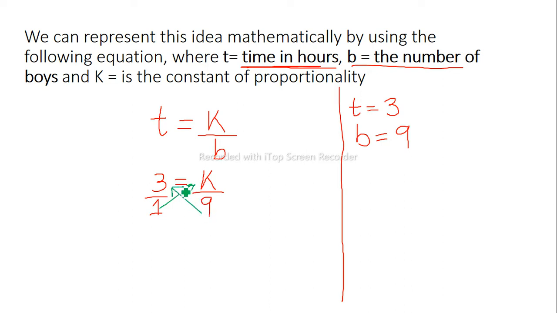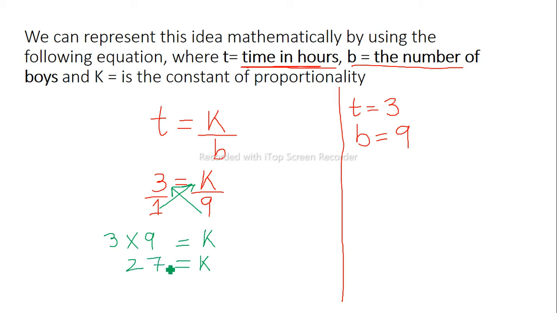So that means K, the constant of proportionality, is going to be equal to 9 times 3, or 3 times 9. What is 9 times 3? 27. Very good.